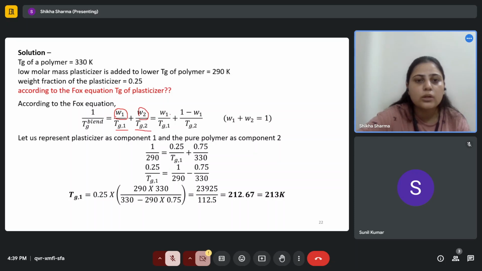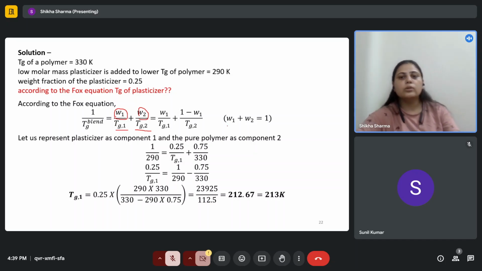That is equal to W1, the weight fraction of the plasticizer, divided by the glass transition temperature of the plasticizer, plus 1 minus the plasticizer weight fraction divided by the glass transition temperature of the polymer.